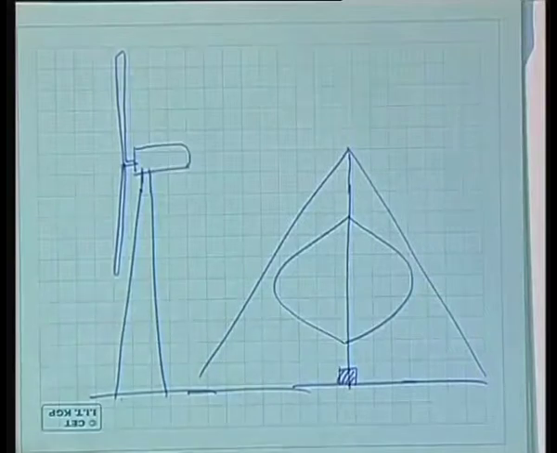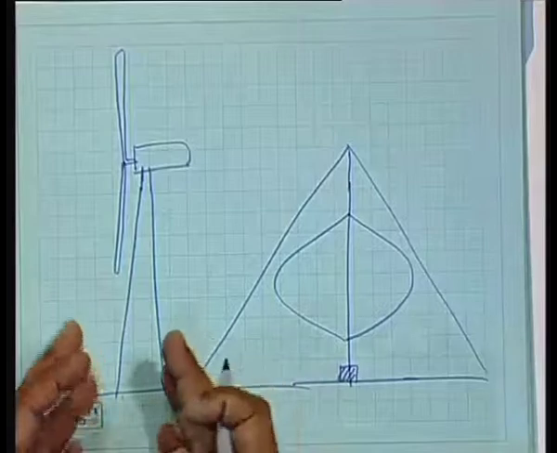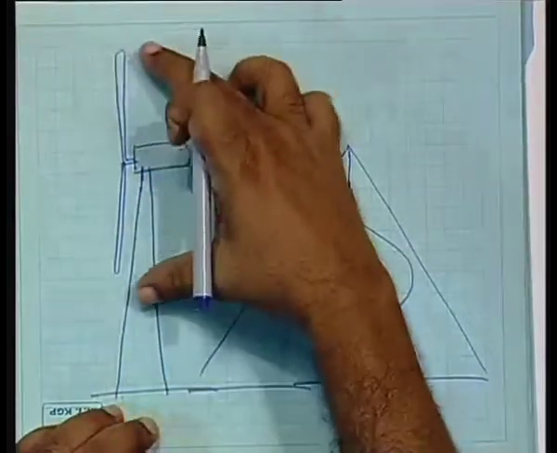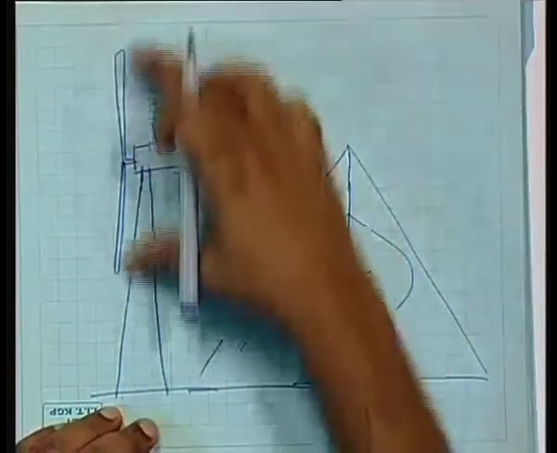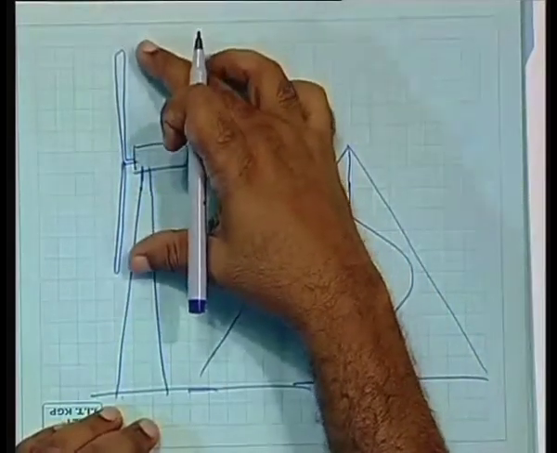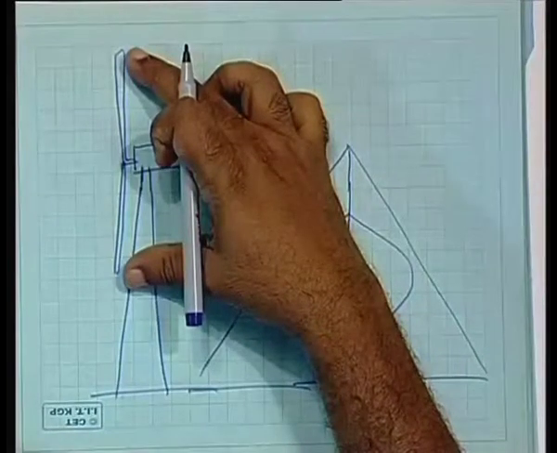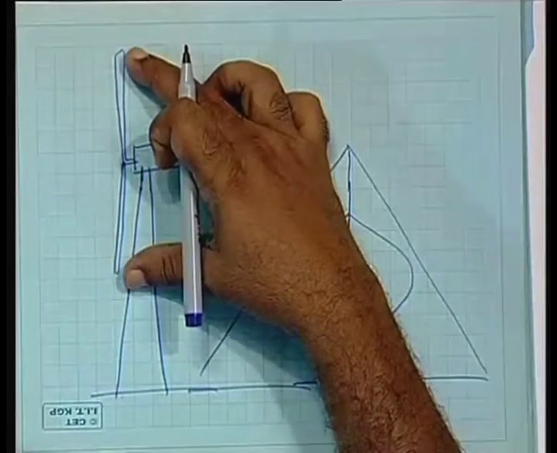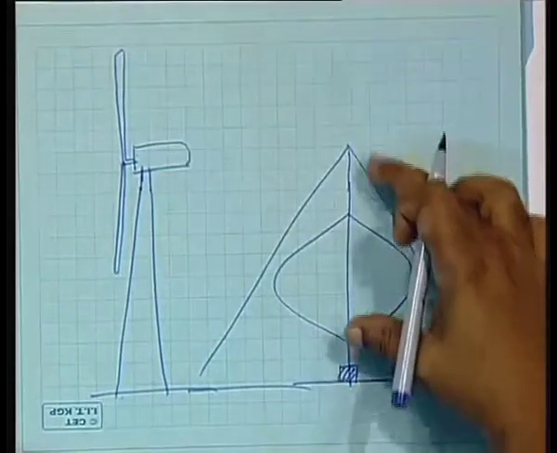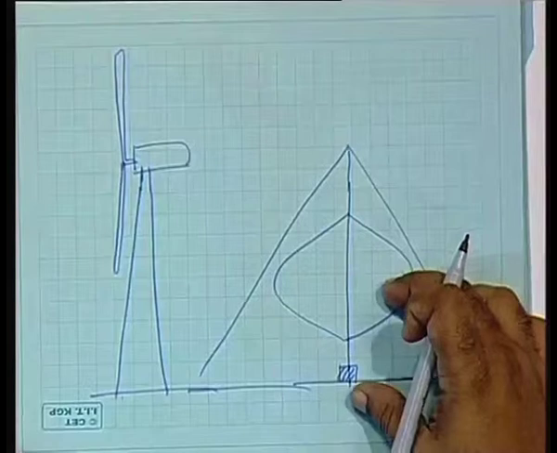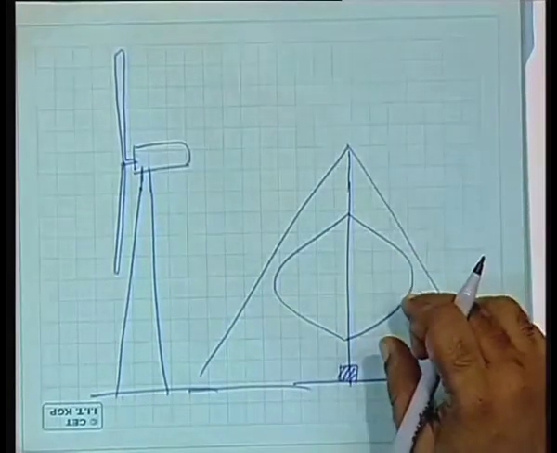How do they compare? Now you notice that by virtue of the blade being up at a height, the horizontal axis wind turbine is able to access higher wind velocities. But this vertical axis wind turbine has to be close to the ground, and therefore the wind speed it can experience is not as high.